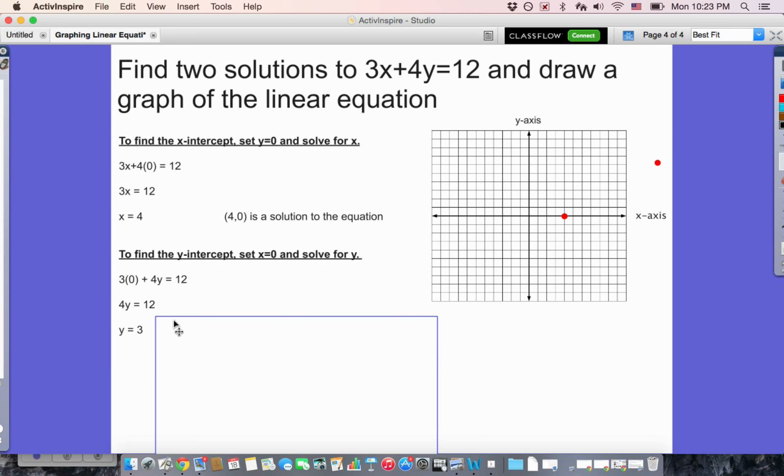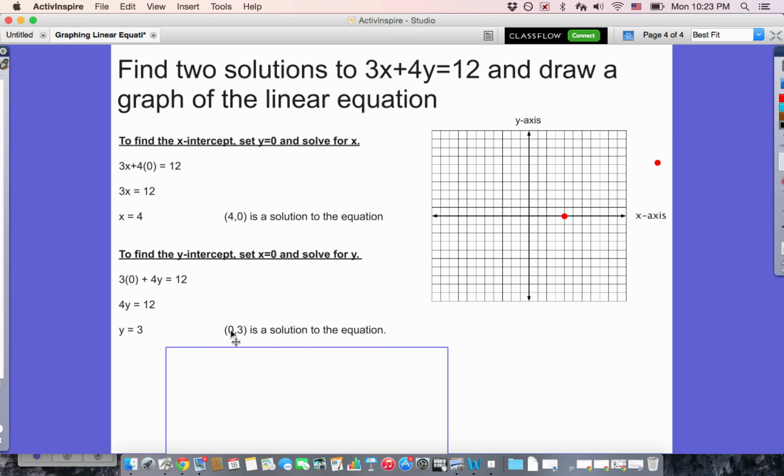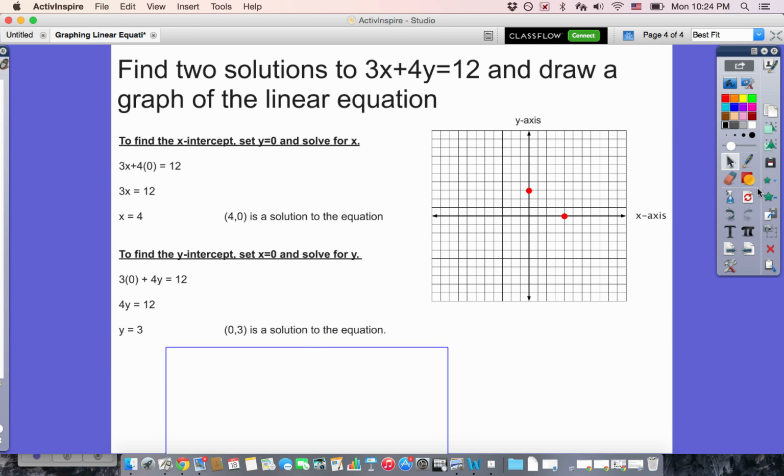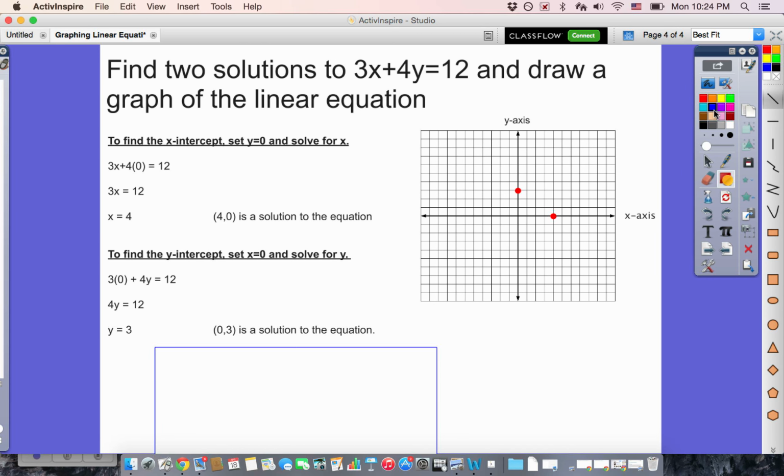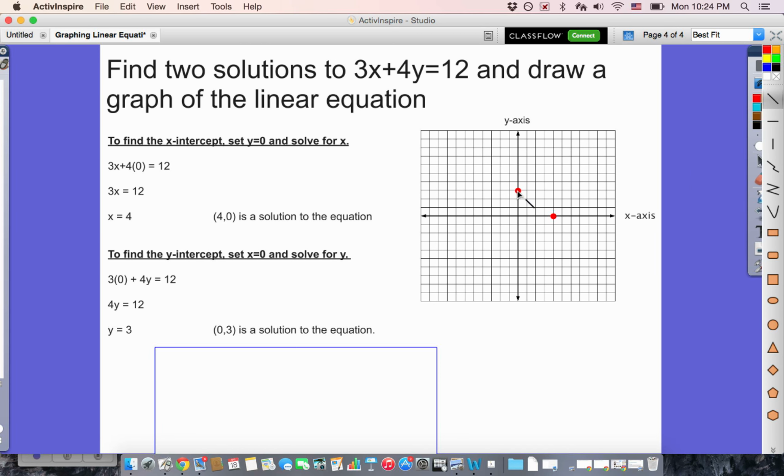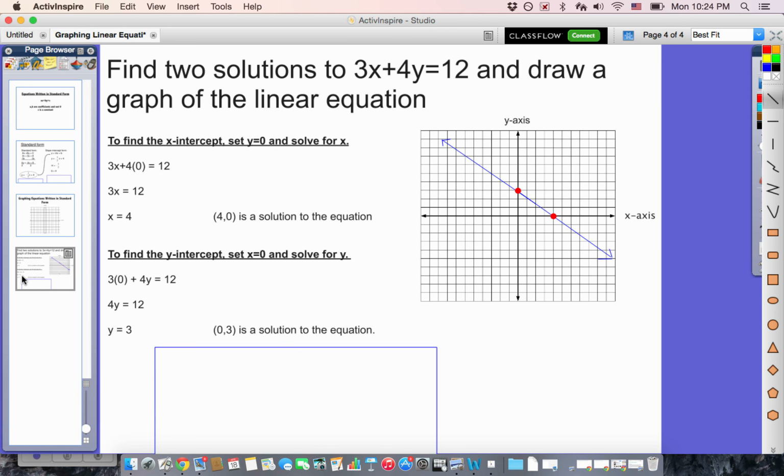So my solution is 0, 3, and I'm going to plot that. 0, 1, 2, 3. Okay, and now I'm just going to draw a line through that, and then also draw a line that goes in the other direction. And that's how I would graph an equation written in standard form without changing it into slope-intercept form.